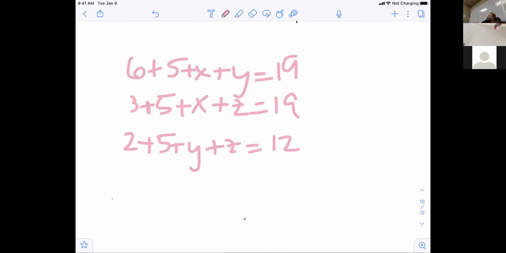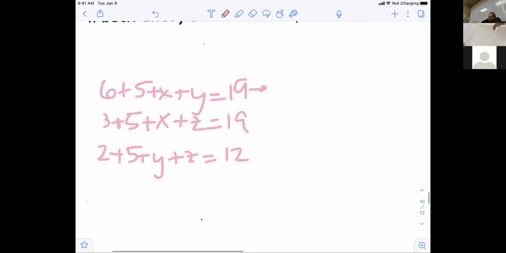Okay, now we're going to simplify them so it's just X plus Y equals a number, or X plus Z equals a number. I've got here 6 plus 5 plus X plus Y. X plus Y cannot be simplified, but 6 plus 5 is 11, and 19 minus 11 is 8.